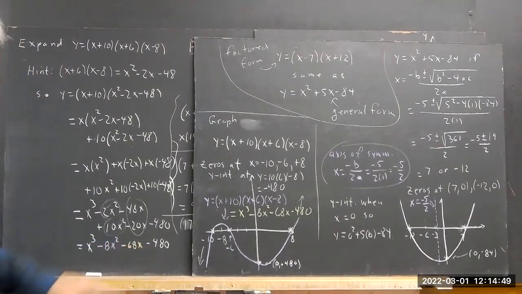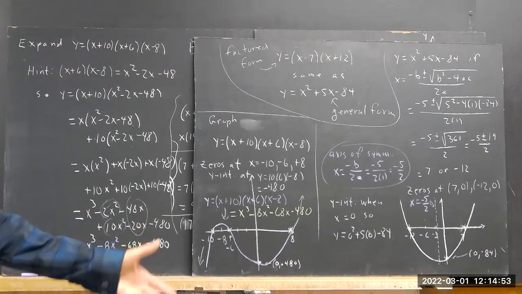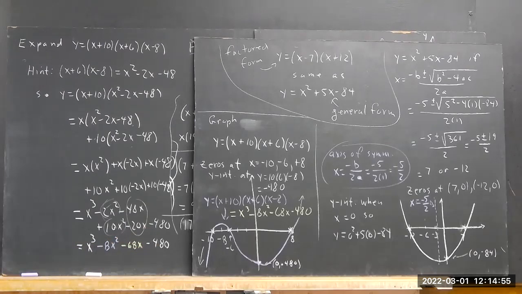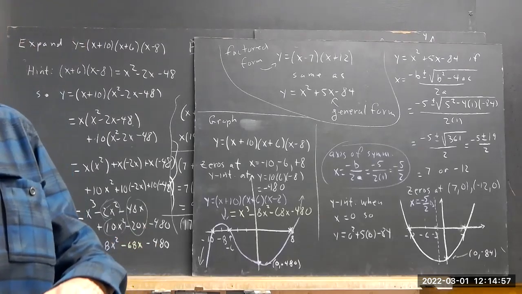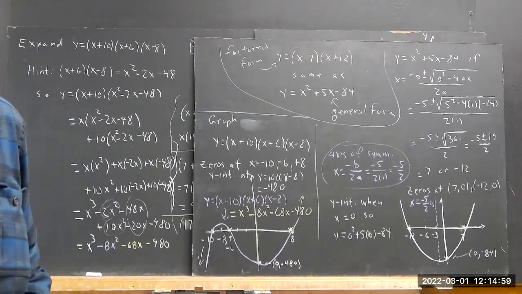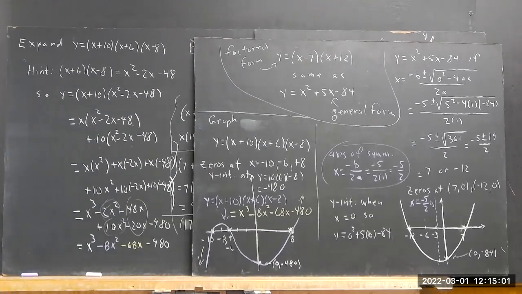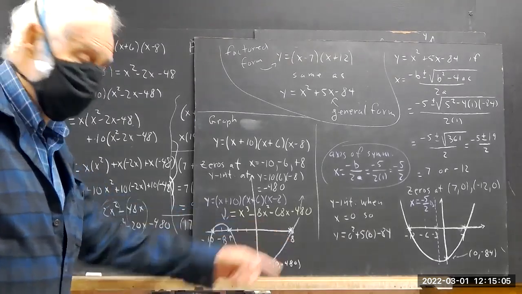If I'd given you this polynomial and told you to graph it, you'd be justified in reaching for the graphing calculator. There's no good way that you're going to learn in this course that allows you to determine whether zero is this or not.